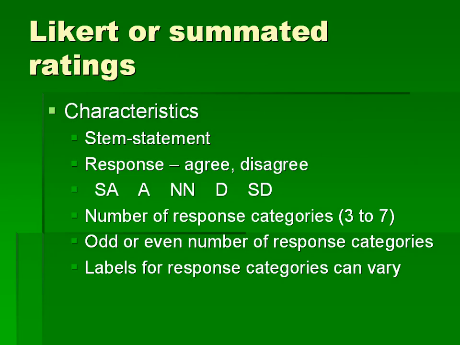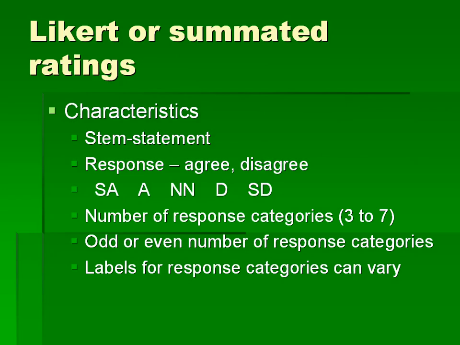They generally have a statement about a perspective towards the attitude, and you'll see some examples later. And then they have a response scale, and the response scale typically has an opportunity to circle a verbal response, which typically includes things like strongly agree, neither agree nor disagree, or strongly disagree.